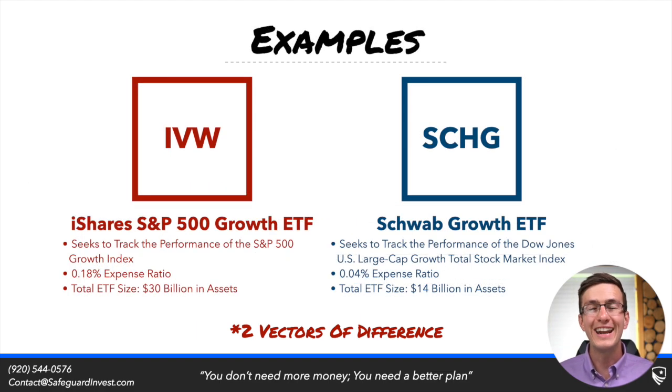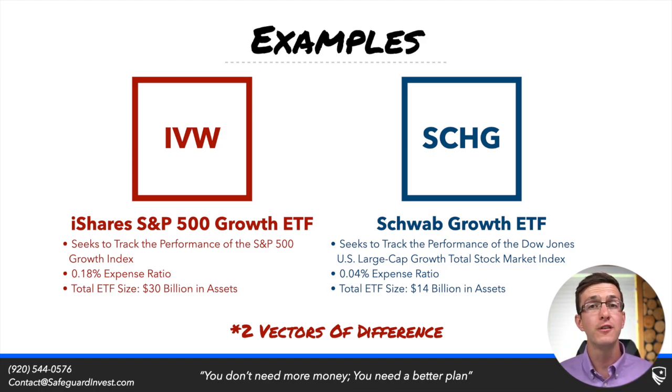So now we're looking at IVW versus SCHG. Both of these are US large cap growth oriented ETFs that will probably hold a lot of the same securities, but they are different in the way that they track different indexes, and they also are from different fund companies, iShares versus Schwab. You can see that IVW tracks the S&P 500 Growth Index, and SCHG tracks the Dow Jones US Large Cap Growth Total Stock Market Index.